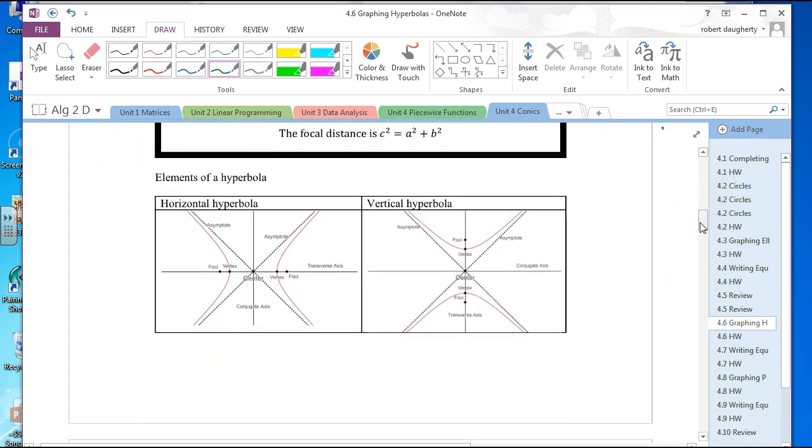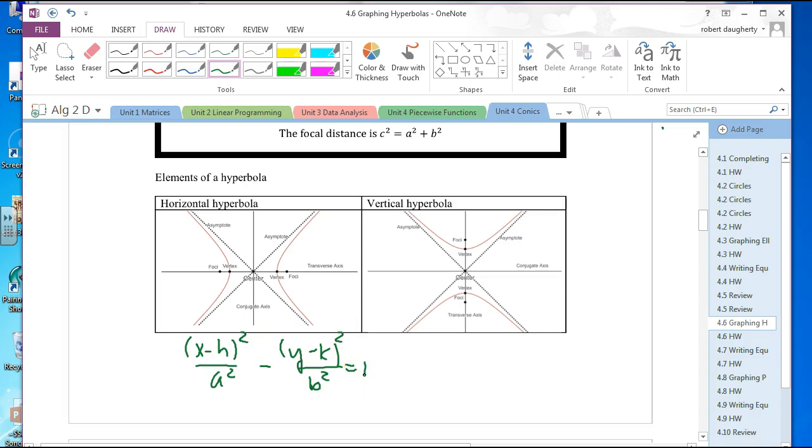It will show you in your book, but this is what a horizontal hyperbola looks like. I've got a center, a vertex, a focus, vertex, focus, and these asymptote lines that the graph does not cross. This is the horizontal hyperbola: x minus h squared over a squared minus y minus k squared over b squared equals 1.